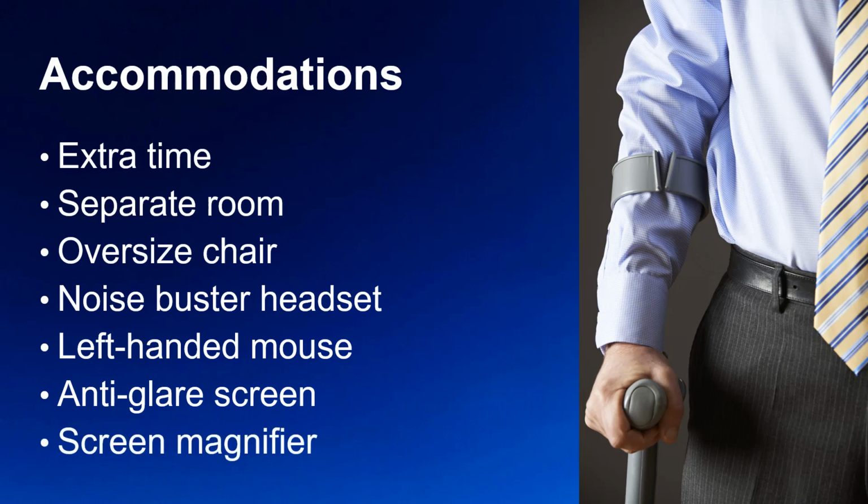It may even include permission to bring personal items into the testing room for medical purposes, such as food, drink, eye drops, medication or other devices. And there is more. If you have a particular requirement, go to the Prometric website or contact them directly to find out what accommodations are possible for you.